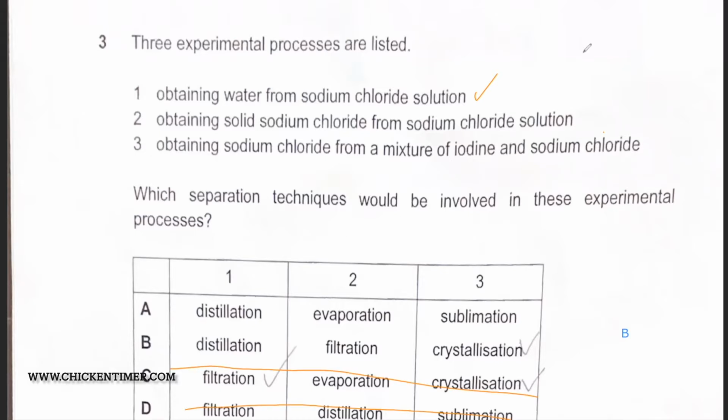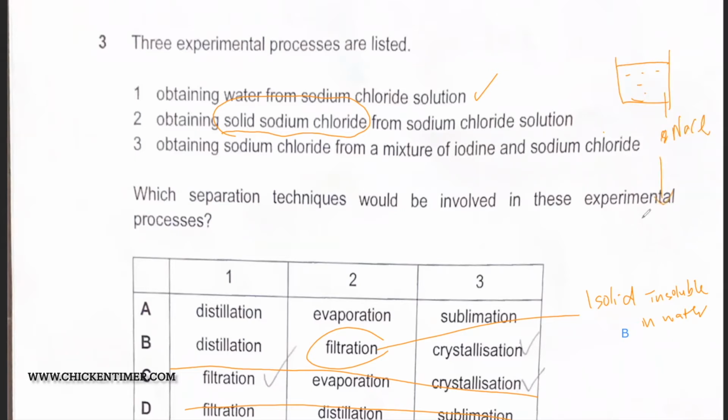You use filtration when there's a solid that's insoluble in the solution. Sodium chloride is soluble in water, so you will not be able to get solid sodium chloride this way, because what you see is just a normal solution.